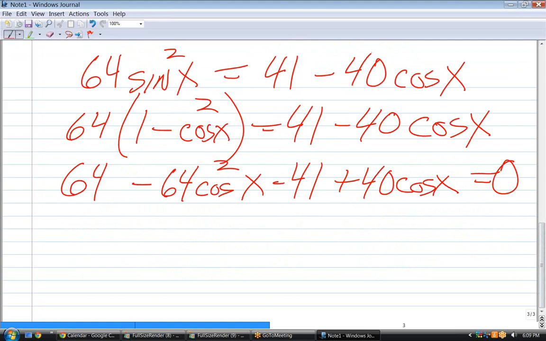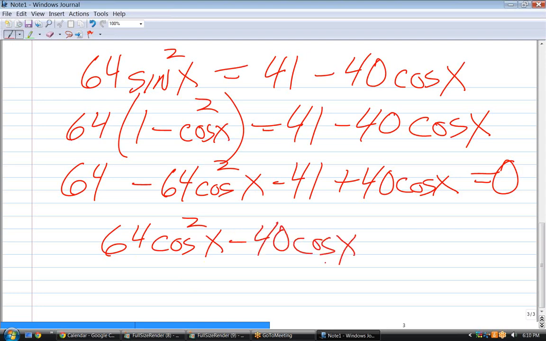Now I like having a positive coefficient in front of my term that is squared, so I'm going to divide both sides by -1. So now I've got 64 cosine squared x minus 40 cosine x. This would have been plus 23, now becomes minus 23 equals 0.